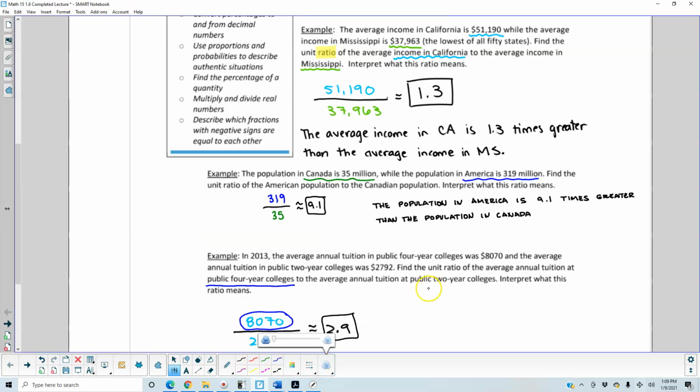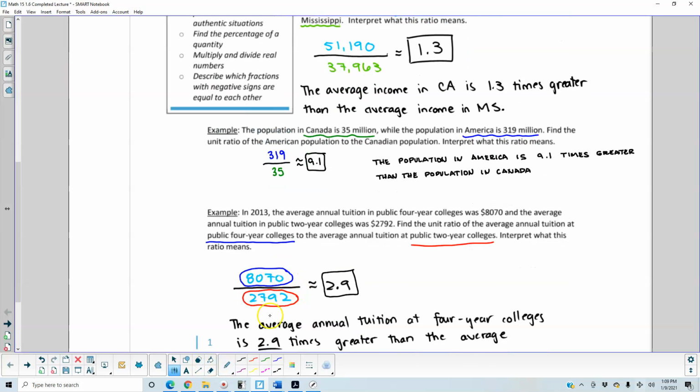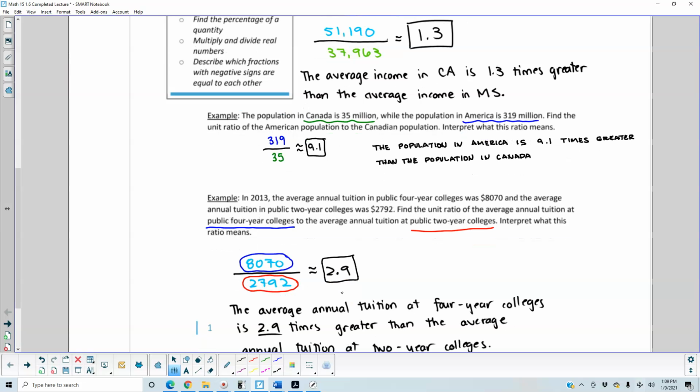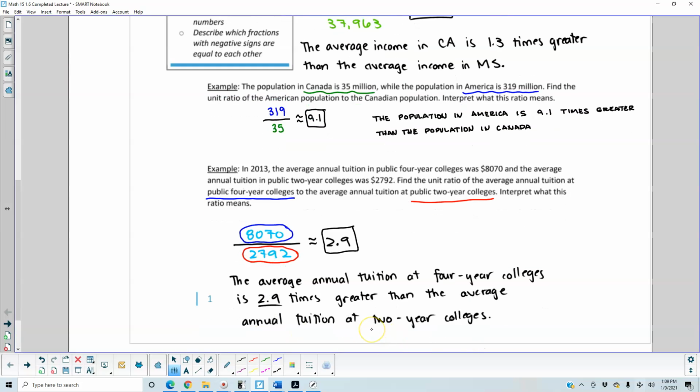And then we're comparing that to the public two-year colleges, which in a denominator is 2,792. So when we do the division, we get a unit value of 2.9. So we can say that the average annual tuition at four-year colleges is 2.9 times greater than the average annual tuition at two-year colleges.